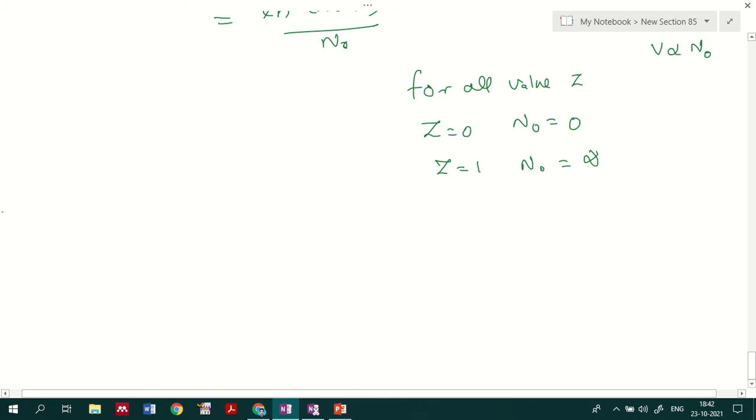Now we have an equation corresponding to the p by kt representation, where I can substitute this notation. So let me come back to the p by kt representation again.